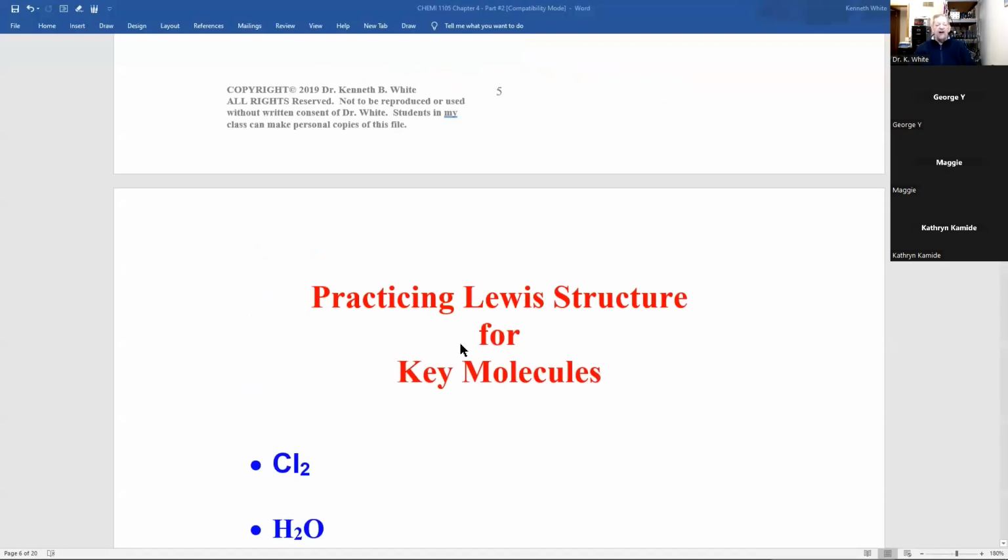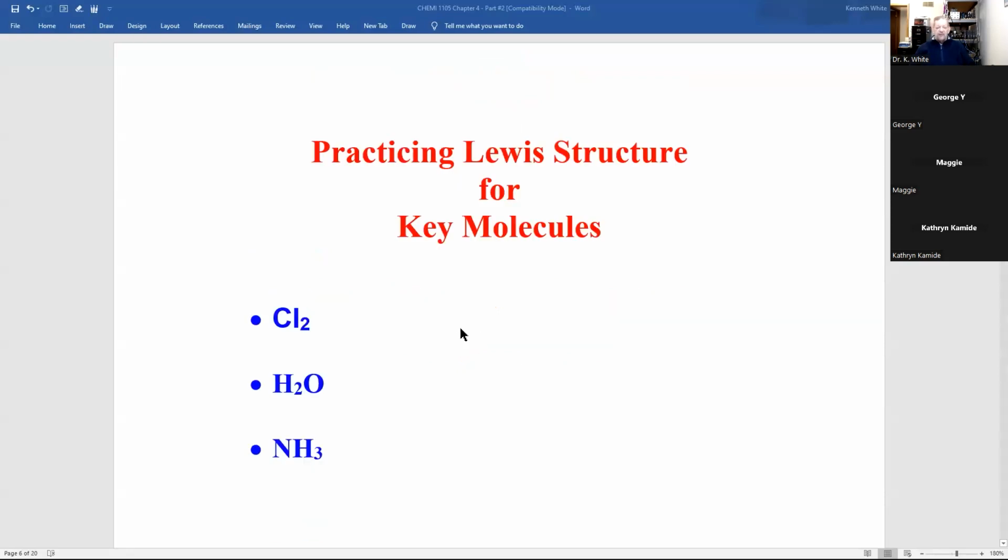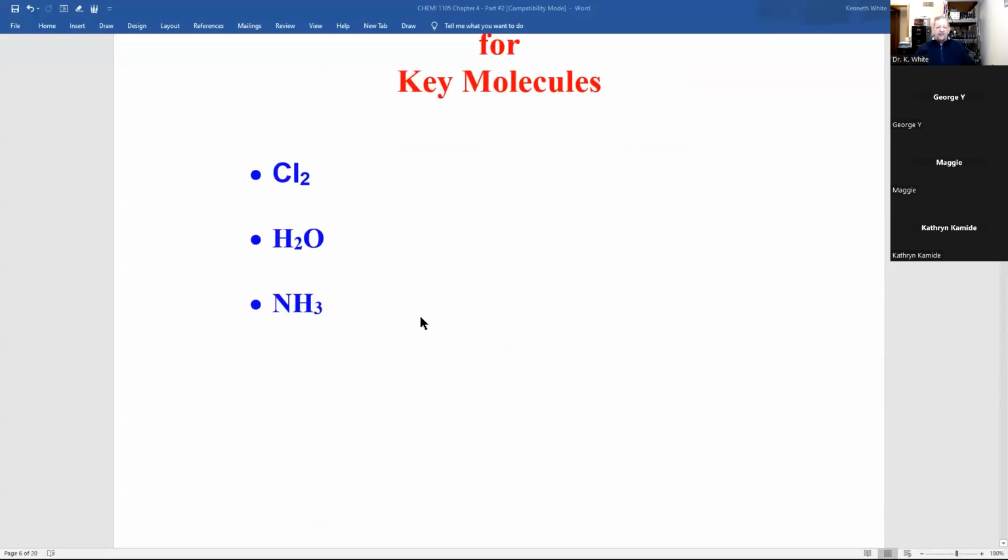Now, we were talking about Lewis structures for molecules. We did these. Let's do another one. Oh, what would be a good one? I've got a good one.